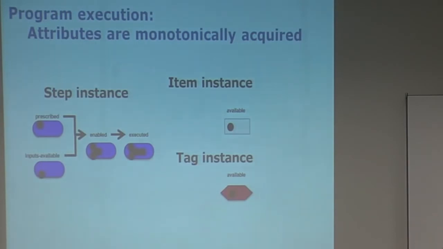It's the stuff that we have to worry about now. And step instances go in and out of the execution frontier, but also item instances go in and out of the execution frontier. So an item can become dead, and a tag instance can become dead as well. So that's sort of the conceptual model.